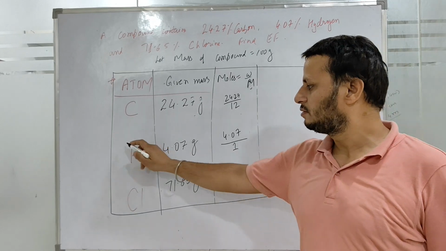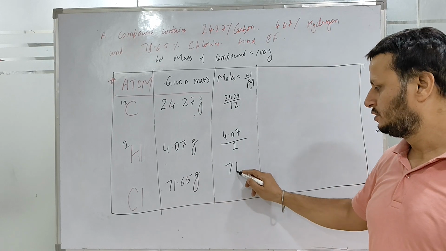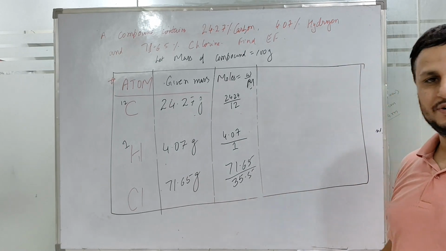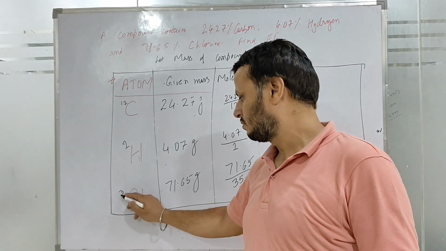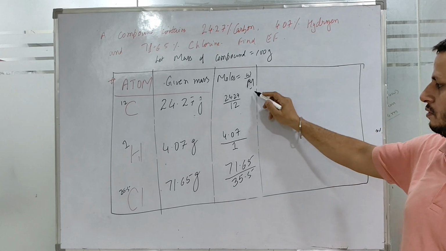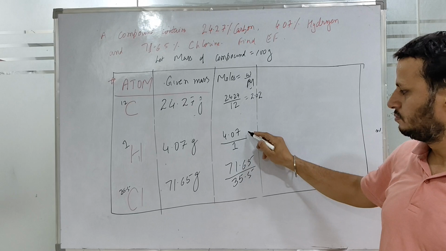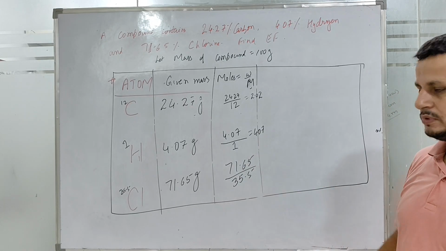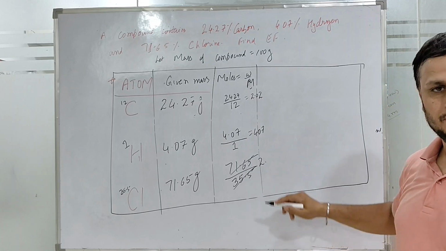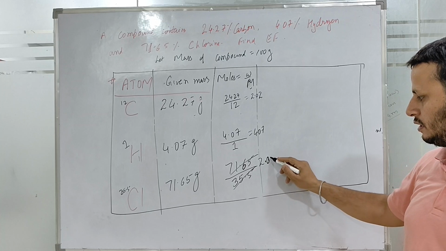Hydrogen single atom का mass 1 and chlorine single atom का mass 35.5. So then it will become 71.65 divided by 35.5, 2.02 आएगा टेबल में, so 2.02 and then again 2.02.